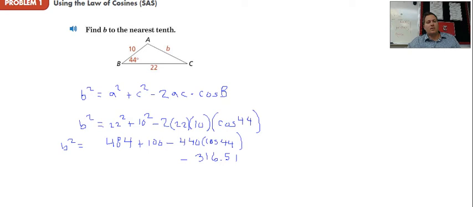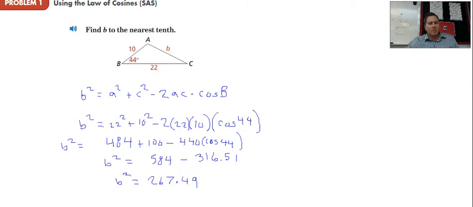Then 484 plus 100 is going to give me 584, and b squared still equals this. If I subtract these, b squared equals 584 minus 316.51, which equals 267.49.